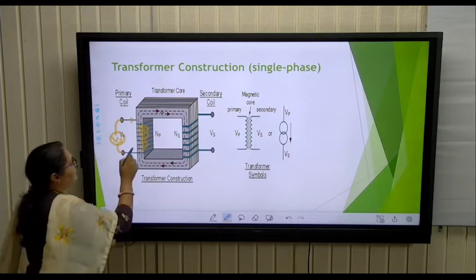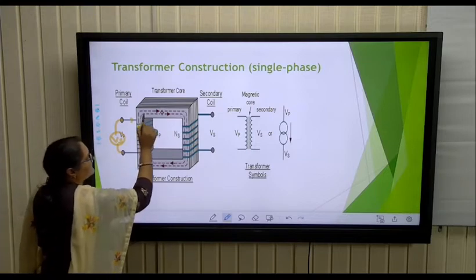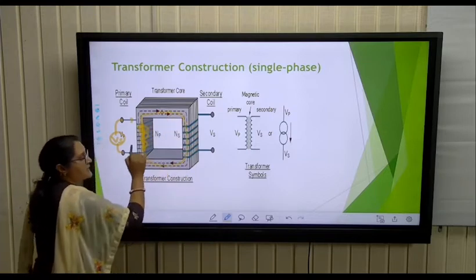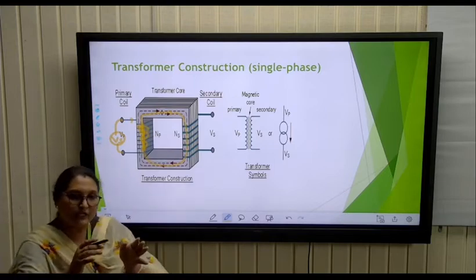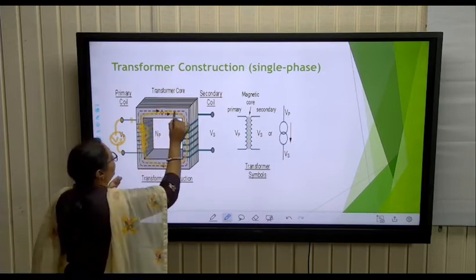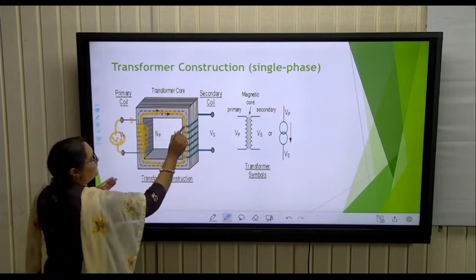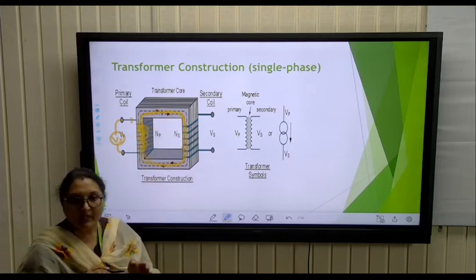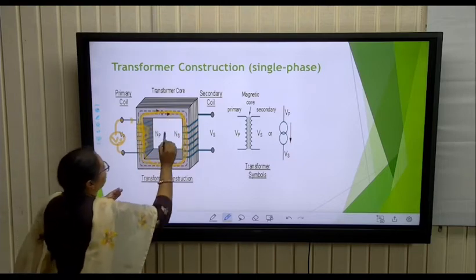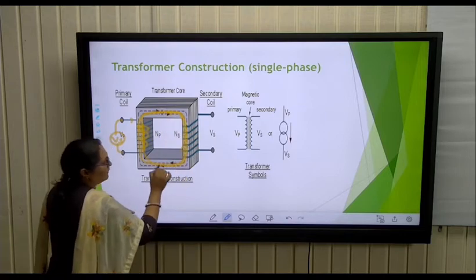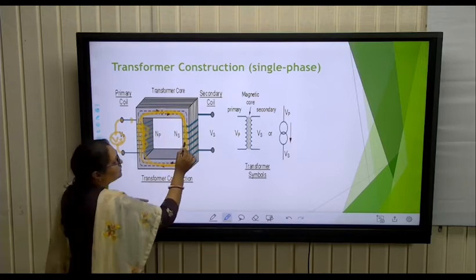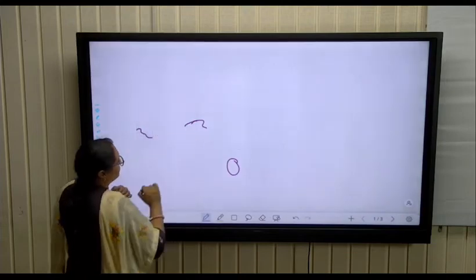So because of this primary side current, a flux will start circulating in this core. Since the core area is confined, this flux will circulate through the core in this fashion. Fine. Now since this flux is going to traverse through this side of the core as well, it is going to interact with the coil.